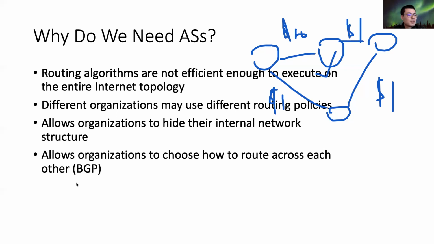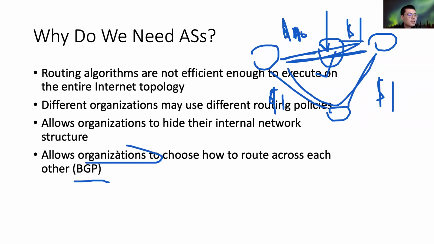BGP can handle this. Another possibility: even though this is also $1, here it's not trusted, so this could be attacked. So I will not consider this route. This allows organizations to avoid some AS in their routing paths.